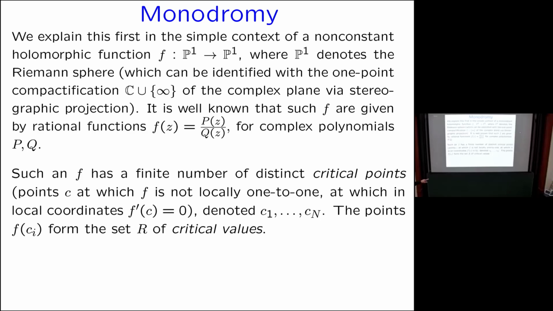Of course, if c was actually infinity, then you'd have to choose proper coordinates around infinity, like 1 over z, for example. So you have a finite number of distinct critical points, denoted c1 up to cn, and the images of those critical points form the set R of critical values.